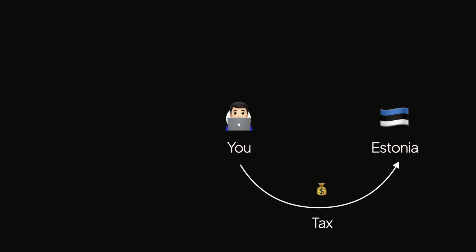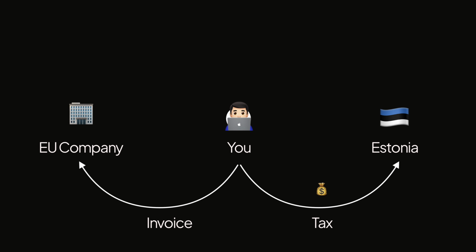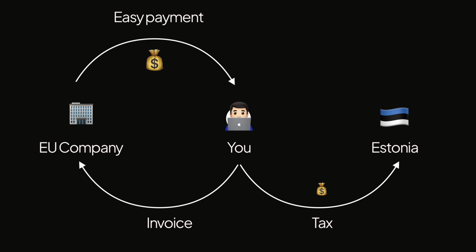As you can see, if you become an e-resident, for example in Estonia, they get a little bit of your tax money, but in return they give you something super powerful, a way to invoice internationally from a legally respected group of countries. So you can work from anywhere, invoice the EU, invoice the US, and it's not just for people who want to work for some big company in the EU.